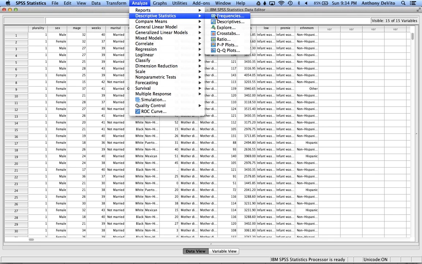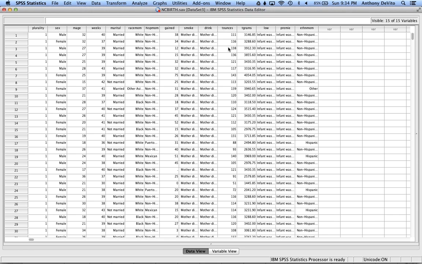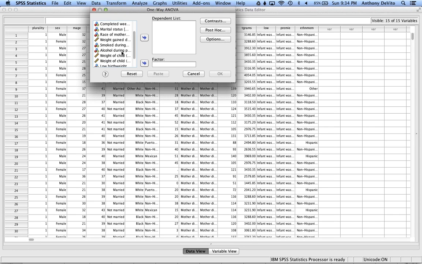Analyze, compare means, and instead of independent samples t-test, which I was using this morning for this analysis, I'll choose analysis of variance. The dependent list was, again, comparing married and unmarried mothers, the weight of the child at birth in ounces. And the factor variable was the marital status of the mother. Now I'm going to go ahead and run this analysis of variance test.